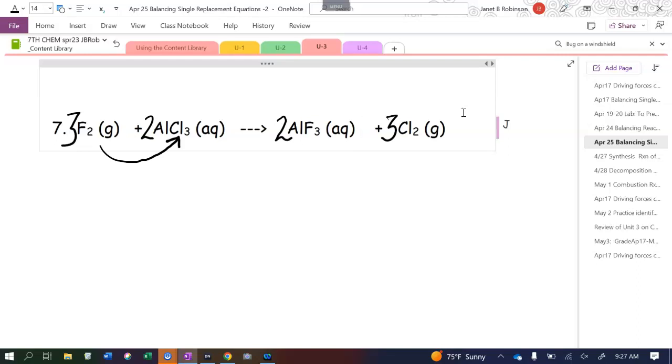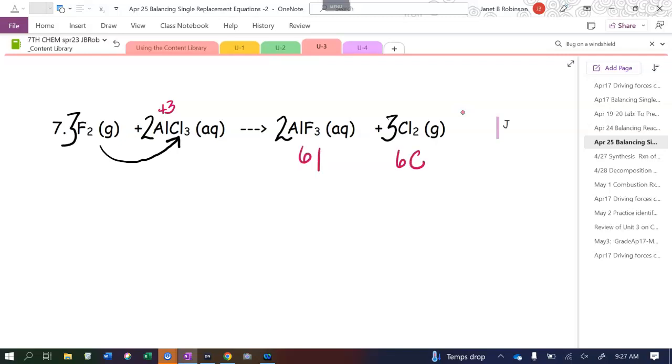So single replacements of the chlorine with fluorine, and we get these 2. All right, and since aluminum has a +3 charge and needs 3 chlorines, we see that the 3s and the 2s are here, so we get 6 chlorines and 6 fluorines on both sides. So there is a method in this madness.